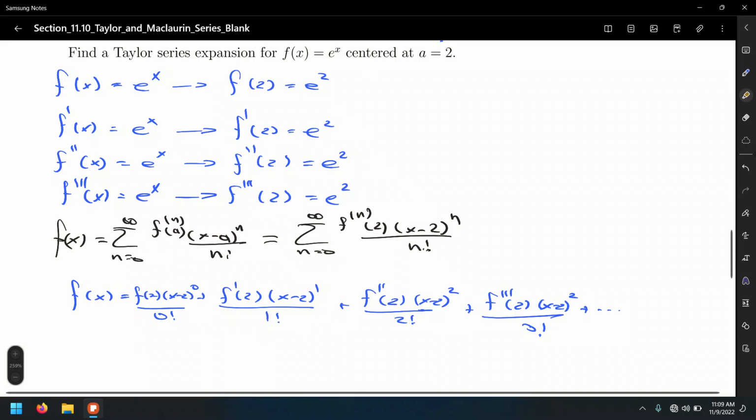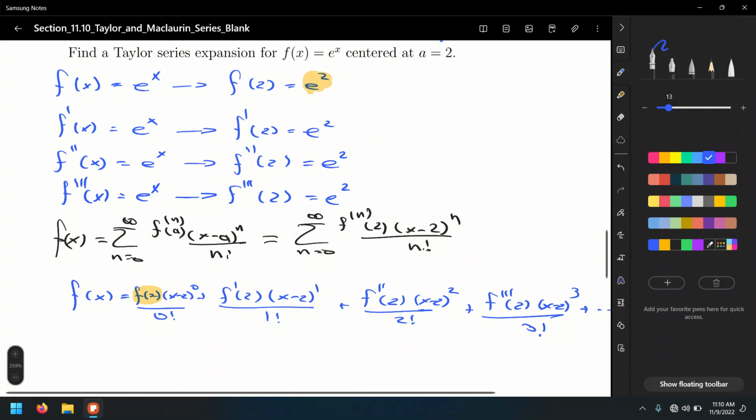I'm asking about the 2 that you have right now. This one. That's just f of 2, which is this f of 2. Okay. And shouldn't it be x minus 2 cubed? Yes, that's what I meant. Thank you. Let me make this a 3. Yeah, that's a 3.